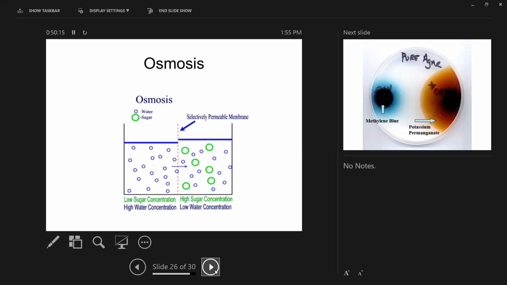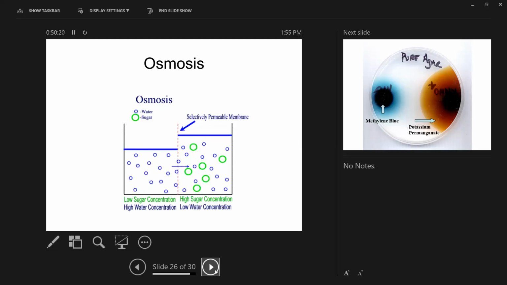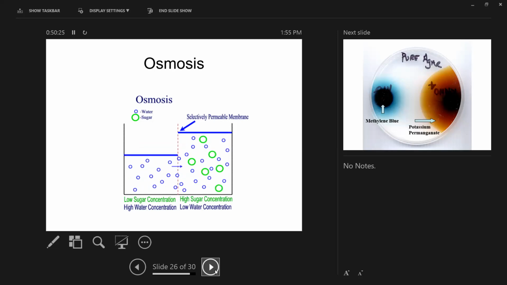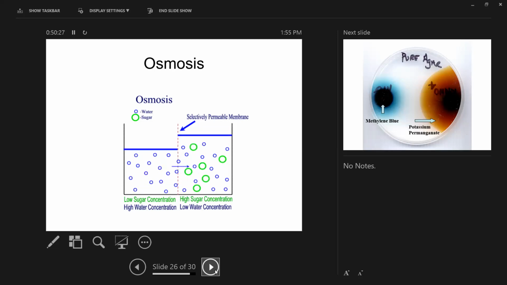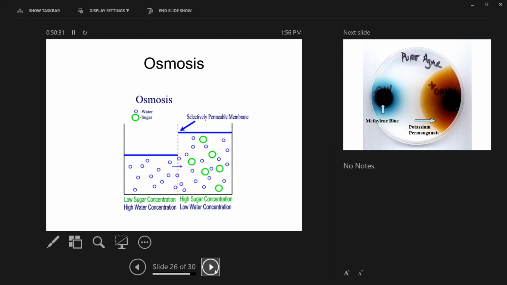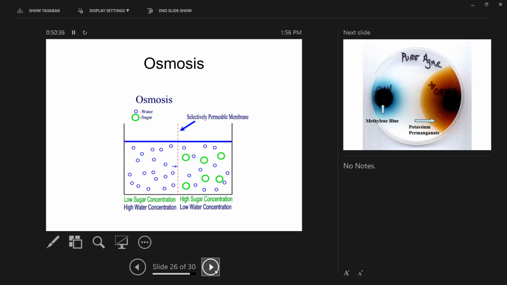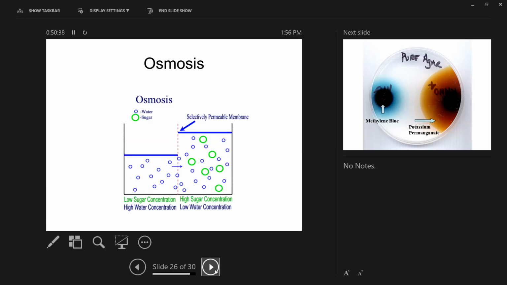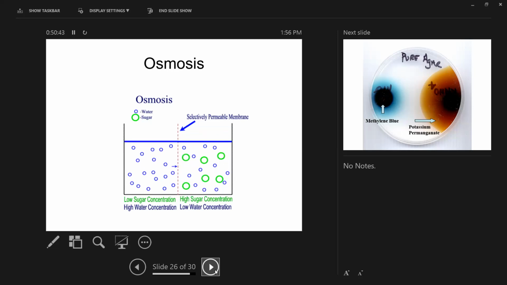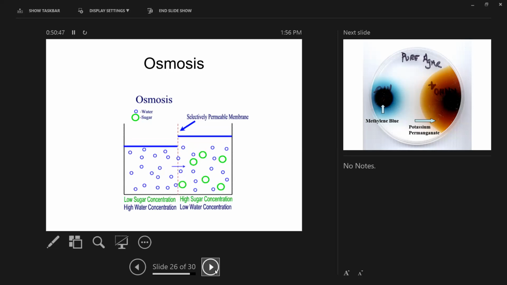On the left side, we have a mixture of mostly water with a little sugar, perhaps only 10% sugar. If the solution is 10% sugar, that means the percent of water is 90%. 90 and 10 make 100%. So if we have a 10% sugar concentration on the left-hand side, our water concentration is 90%.